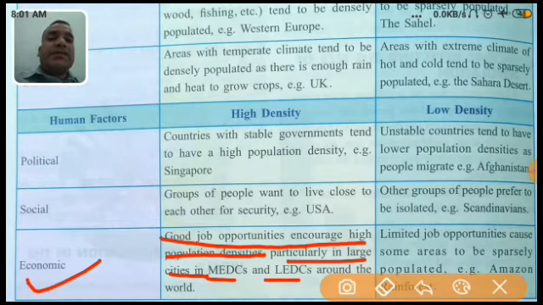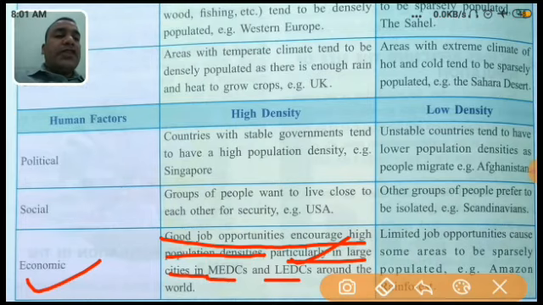What are MEDCs and LEDCs? MEDCs means more economically developed countries, and LEDCs means less economically developed countries. Okay, so if the country is very economically developed, obviously people live in that area and the population increases.